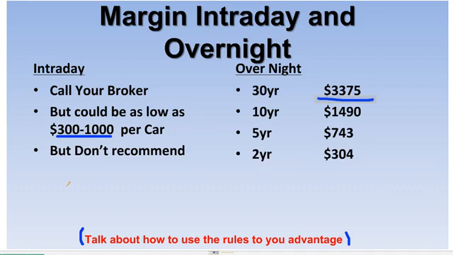So if the bond market opens at 6 and closes at 5, if you were to put a trade on at 9 o'clock in the morning and you held it until 4:50, is that intraday margin or overnight margin? That's intraday.